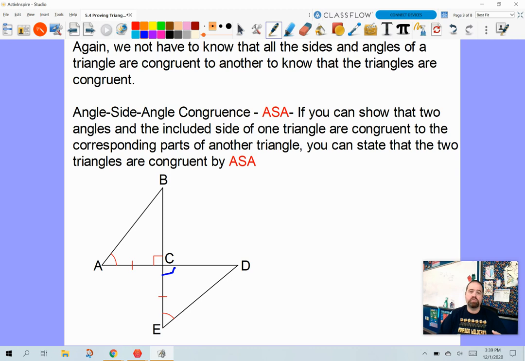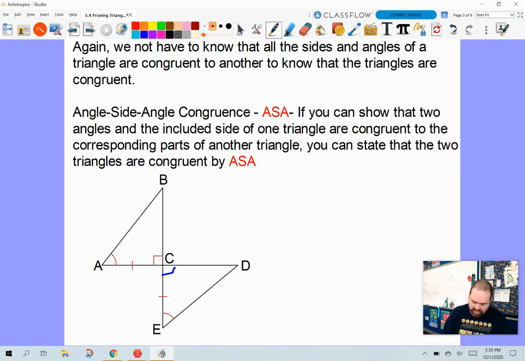I realize that you don't have pencil and paper to actually mark these, but be on the lookout for things that aren't marked in the picture that could be, specifically if the triangles are touching. If they share a corner like this, you're going to have vertical angles every single time. Or if they share a side, you're going to have a congruent side the same in each triangle.